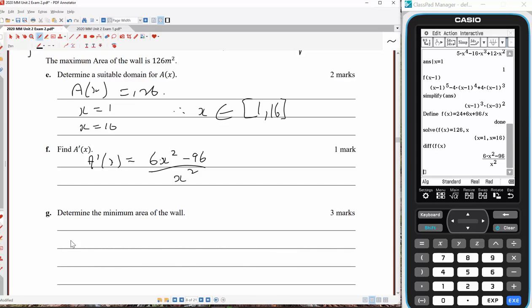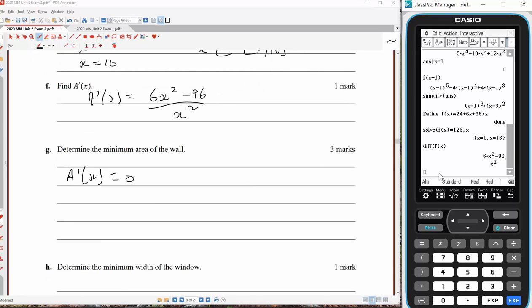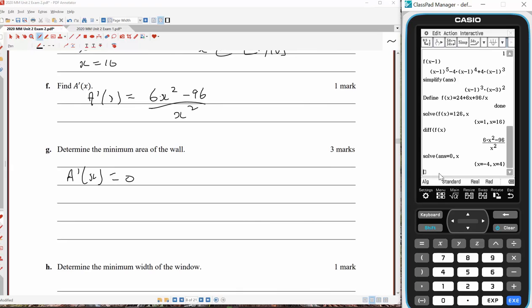So that's just A dash of x equals 0. So we've got to do a bit of work here. Solve A dash of x equals 0 for x. x equals -4, x equals 4. But x is greater than 0. Therefore, x is equal to 4.